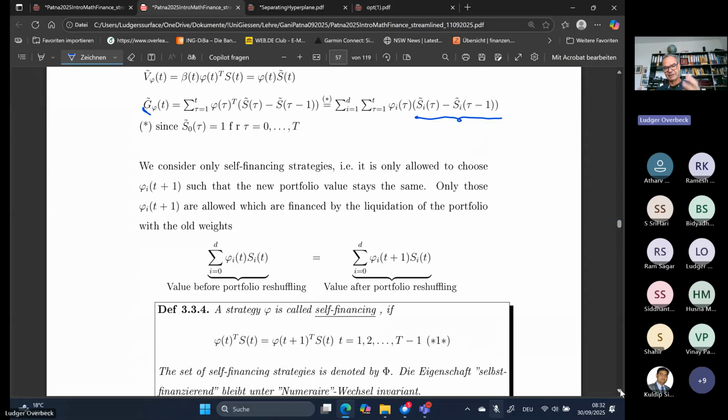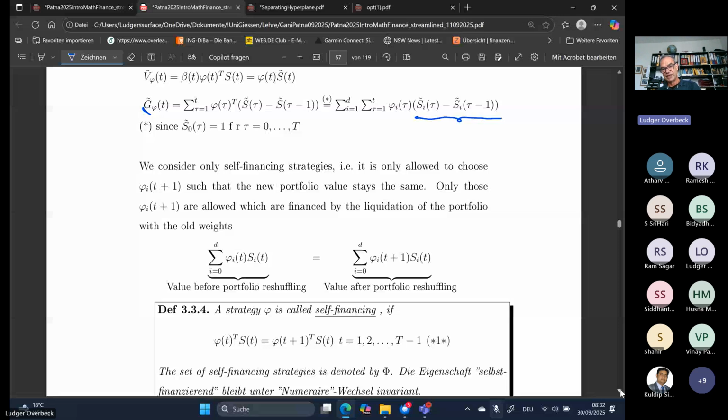And then you take money, and this money you invest, you divide it according to your trading strategy, phi 1. But then in the next step, you can just reshuffle the value.